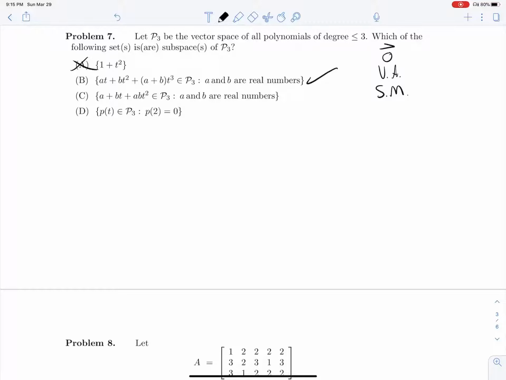Now let's take a look at C. If A and B are 0, then the polynomial is equal to 0, and so we clearly do include the 0 vector. And I'm just going to show a little bit of a different way to write these out, which I actually like a little bit more, and I should have used it last time for B. It would have made things a little bit easier. We can treat t to the 0, which is really what that term is, t to the 1, t to the 2, and t to the 3 as positions in a vector like this.